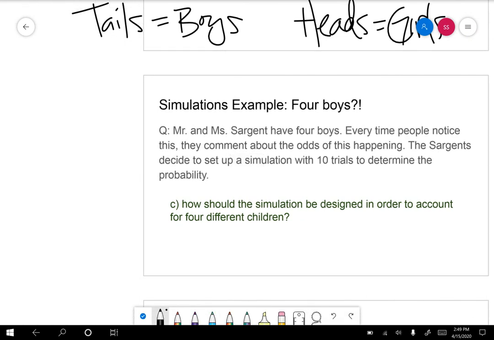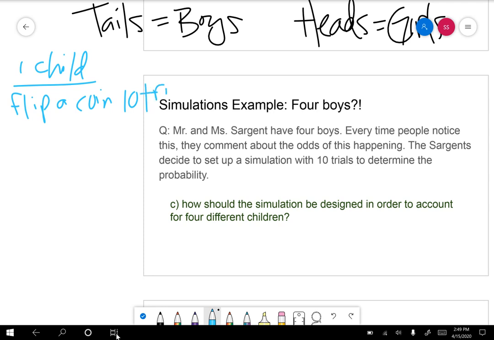The next question then would be, how should the simulation be designed in order to account for 4 different children? So if we only had one child, we could just say, let's flip a coin 10 times for the 10 trials. One flip is one trial.